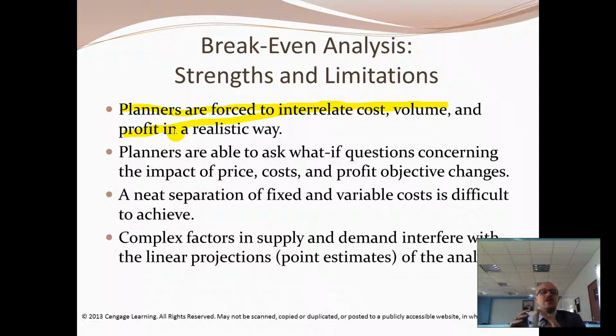If you think you cannot reach that number, then you know this business is not going to make a profit. If you think you can do it very soon, then you know this is a good business and you will be able to recover. Maybe you decide to increase the price, so I don't have to sell 10,000. Or maybe you decide I need to lower the cost so I can reach my target.